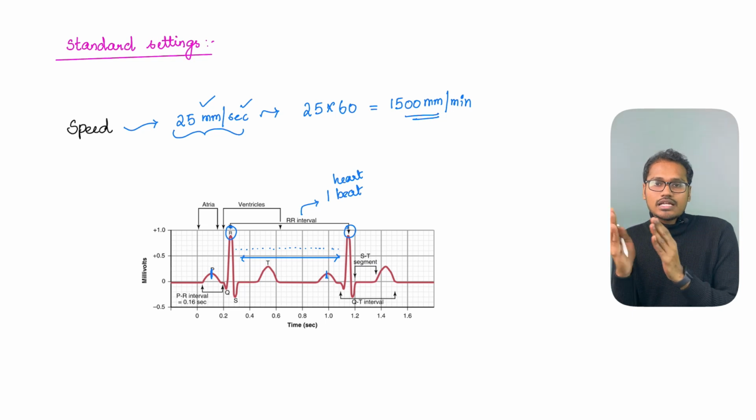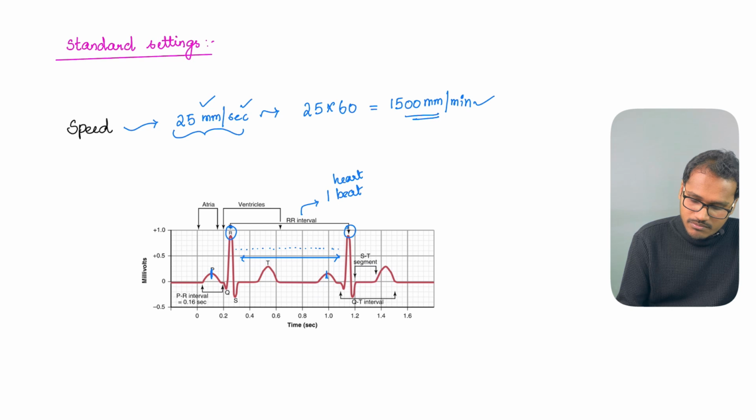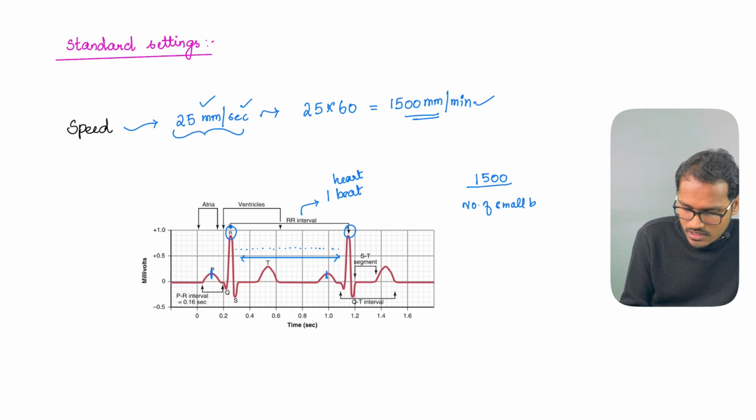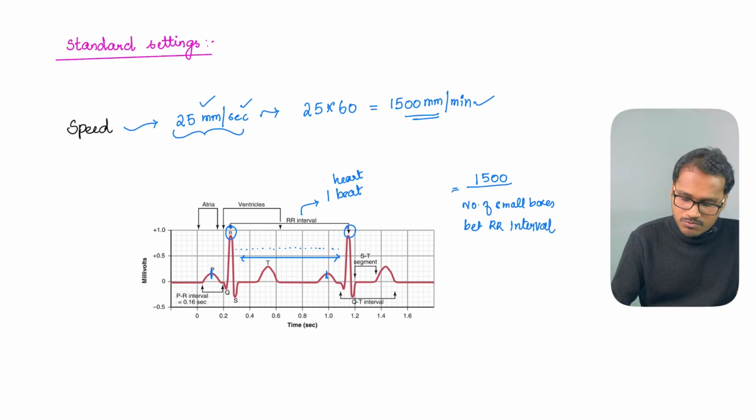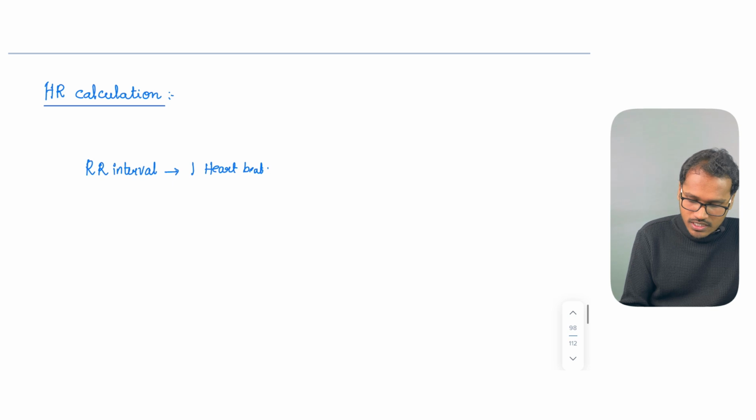So how many RR intervals would have occurred in this 1500 mm? That is nothing but 1500 divided by the number of small boxes between the RR interval. Many of you would know this formula, but the logic behind it is that this is the paper speed and this is the distance between one heartbeat, and the heartbeat is the RR interval.